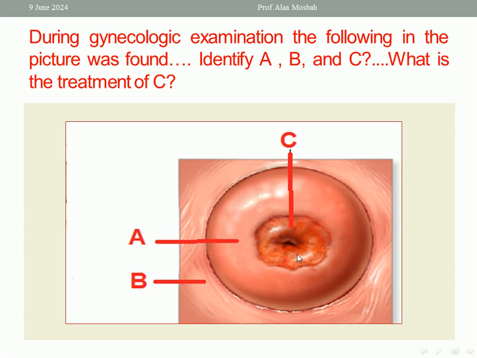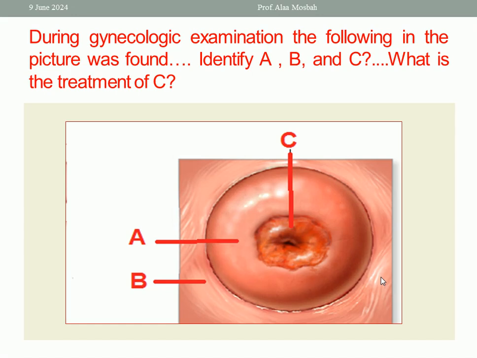Also, we can use polydeoxyribonucleotide like Albucil vaginal suppository as a treatment of cervical ectropion. So I can use chemical medical treatment, silver nitrate, polydeoxyribonucleotide vaginal suppository like Albucil.